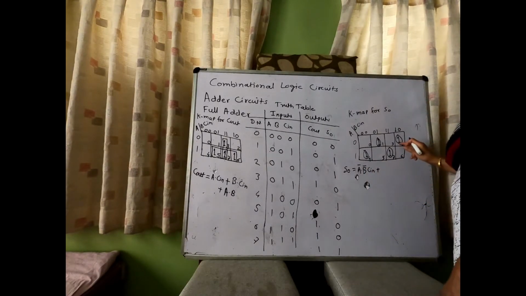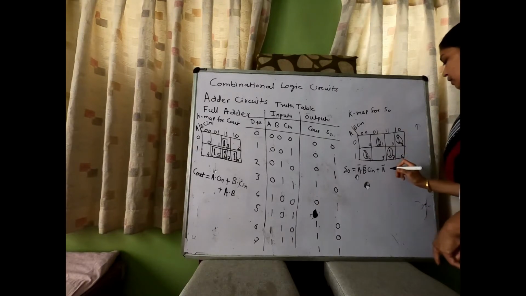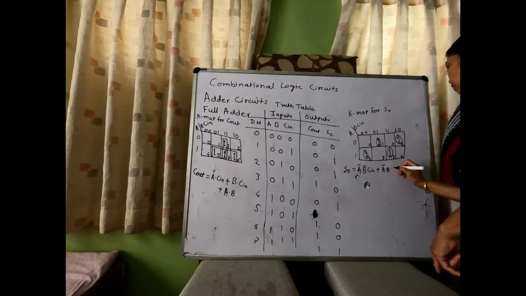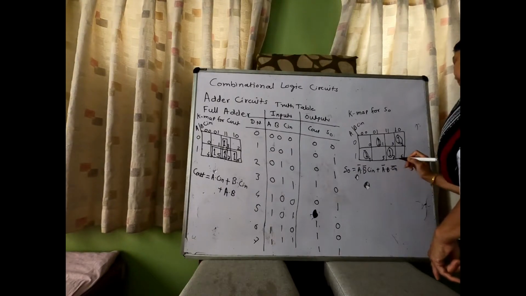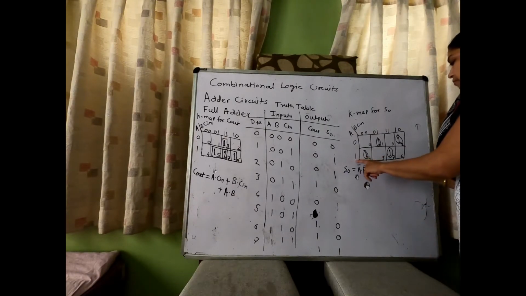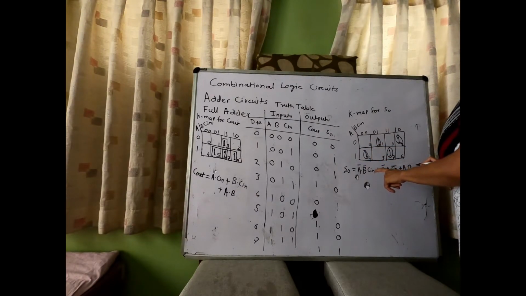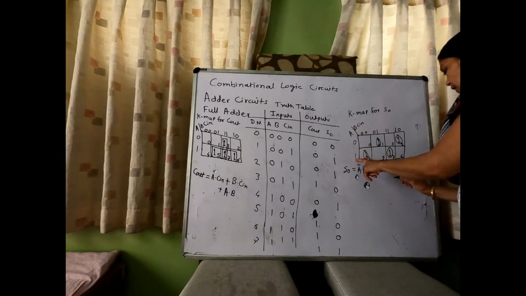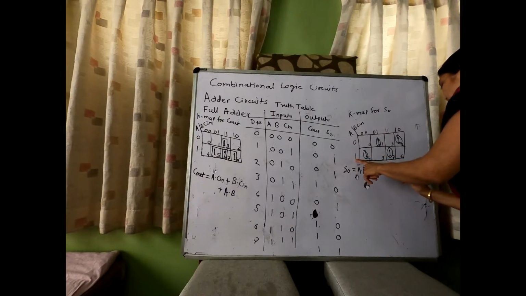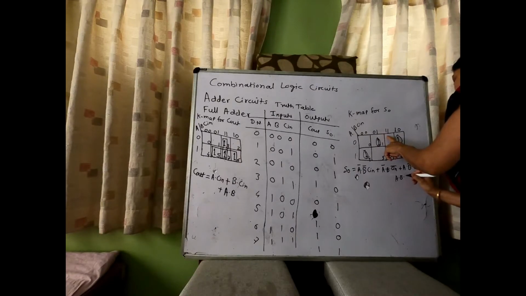Then for the second, A complement dot B dot C in complement. Then for cell 4, it will be A dot B complement dot C in complement. Then for 7, A dot B dot C in.